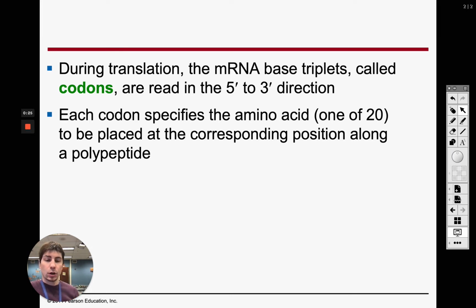Just like in DNA replication, when we were doing that last chapter, if you remember, DNA polymerase 3 moved in a 5' to 3' direction on our new DNA strand. We are going to be reading our mRNA in that same direction to make our amino acid chain.